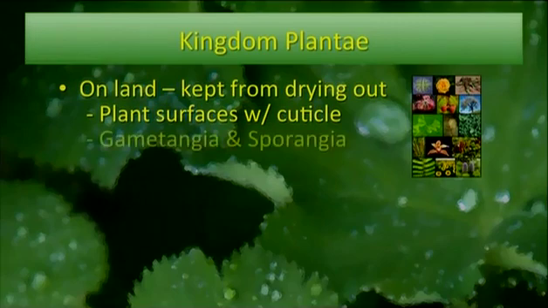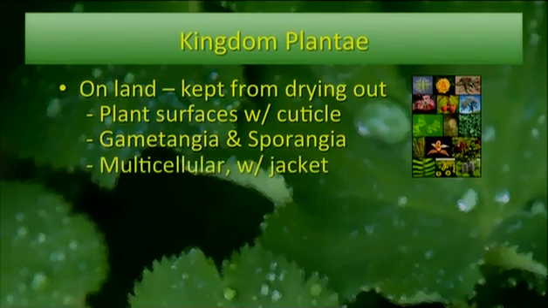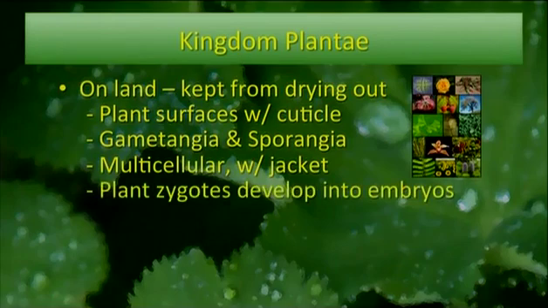You also have gametangia, special structures to make and protect the gametes, and sporangia, special structures to produce and protect the spores. They're multicellular with jackets, and the plant zygotes develop into embryos.